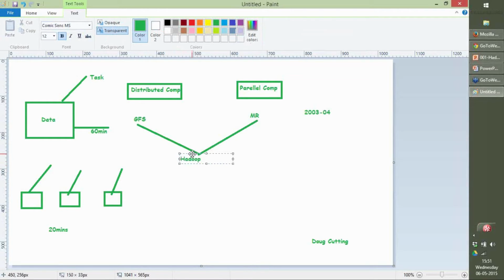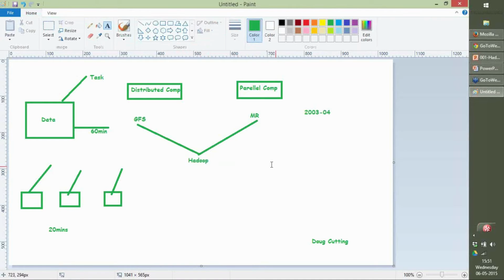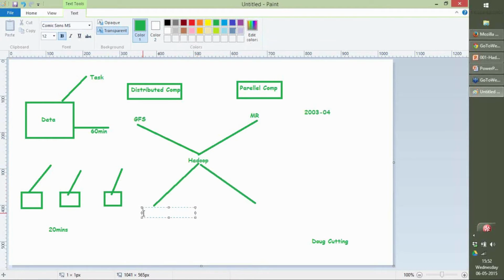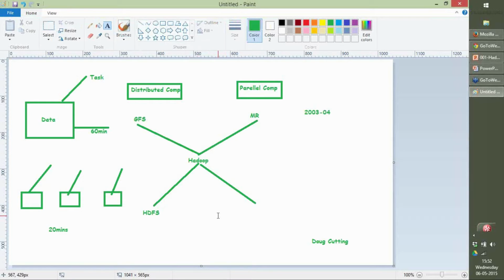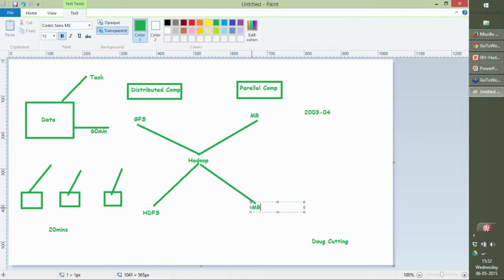That is Hadoop. So Hadoop has its parents from Google, which are GFS and MR. As I told, Hadoop is based on GFS and MR, so definitely Hadoop also should have these two concepts. What he named them: instead of Google File System, he just removed the name Google and named it Hadoop Distributed File System, HDFS. And for MR, there is no Google, so he kept it as it is.